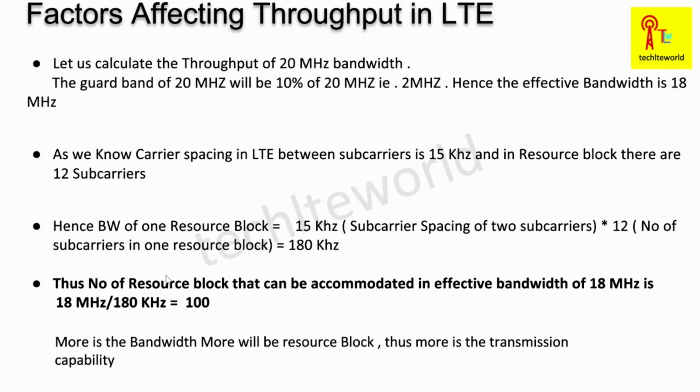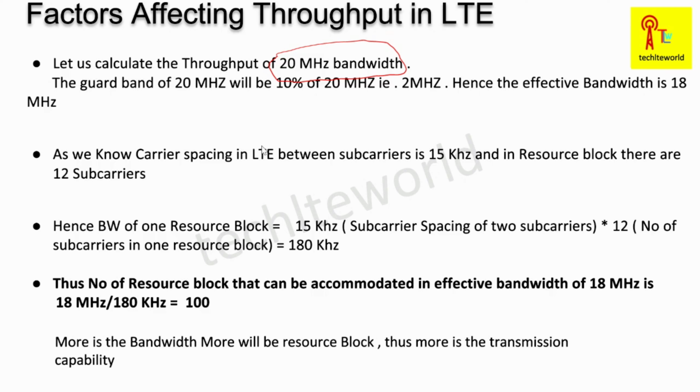With each bandwidth, let's say you take the example of 20 megahertz bandwidth, this entire 20 megahertz will not be used for the transmission. A certain amount of this bandwidth will be used as a guard band, and the remaining bandwidth will be called the effective bandwidth.